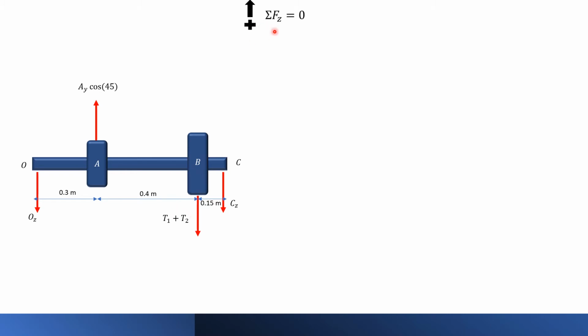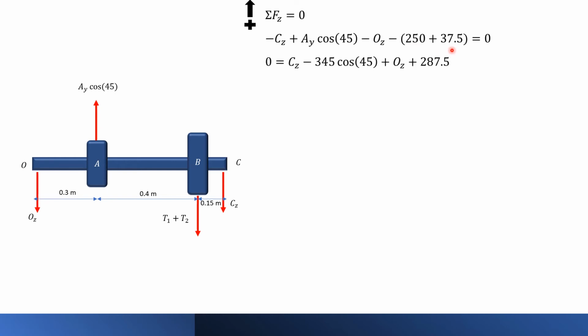We have the same assumption where sigma Fz is equal to 0 and the sign will be plus if the direction is going up. This is our equation where almost all of the forces are minus except for the AY cosine 45. As I mentioned before, this force is the summation of T1 plus T2. We obtain the values of T1 and T2 from the calculation above and plug them in here.